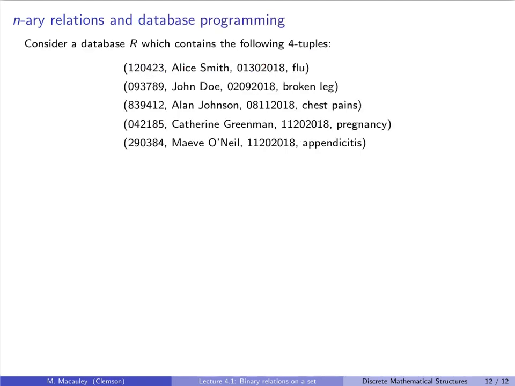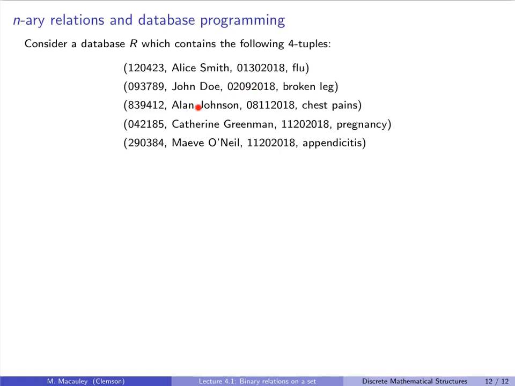As an example, consider a database R which contains the following 4-tuples. So the first patient is ID number 120423, name Alice Smith, date January 30, 2018, for the flu. Next is John Doe, who came February 9th, the same year, for a broken leg.